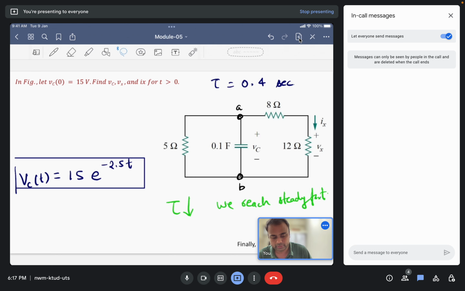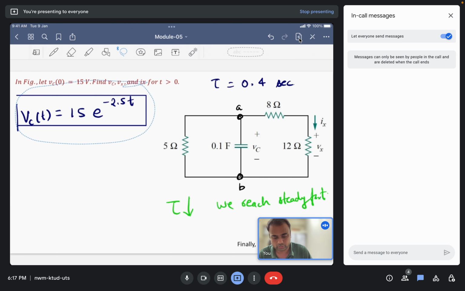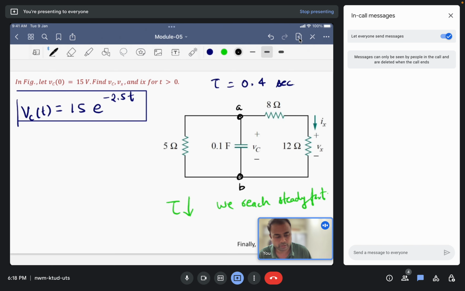So the value of Vc is given, we have just calculated it, and now we have to calculate the value of Vx across the 12 ohm resistor. This will again be a function of time, and using the voltage divider rule, across the 12 ohm resistor, in the numerator we'll have 12 ohms, and in the denominator we'll have the sum, that is 8 plus 12, 20, multiplied by Vc(t).